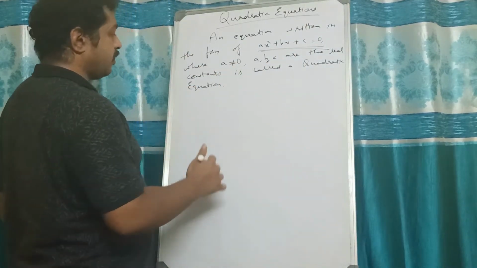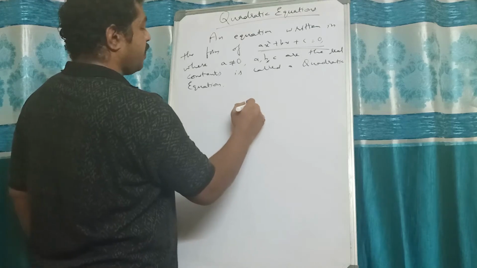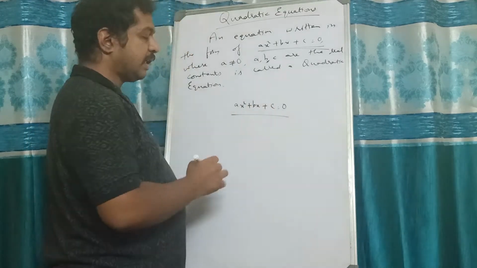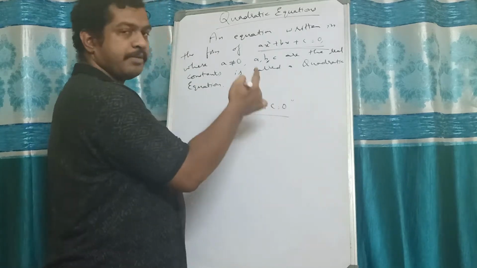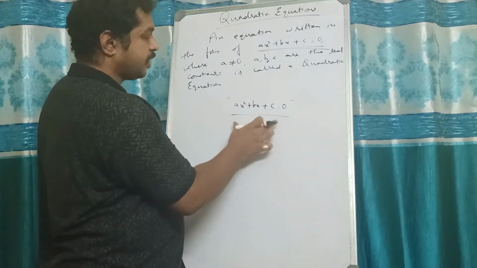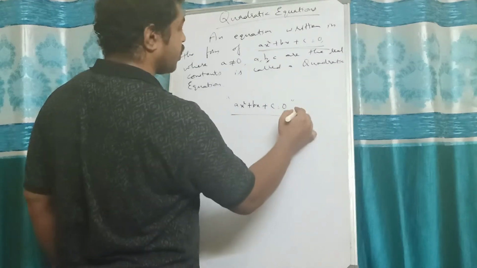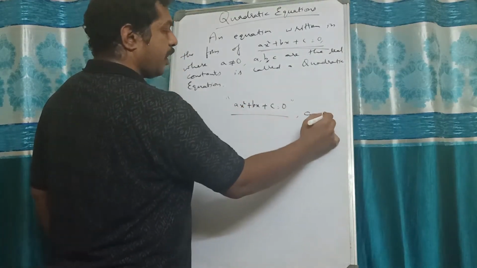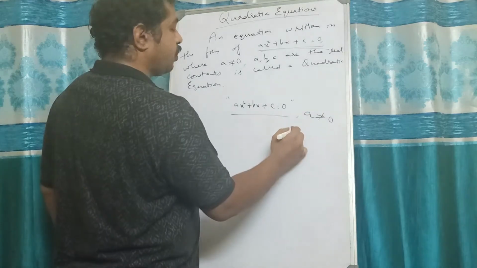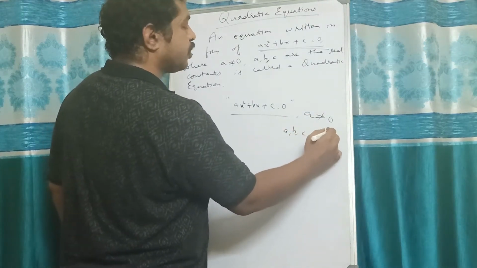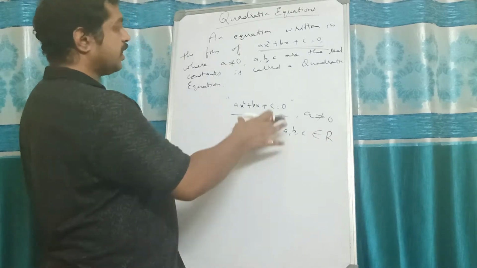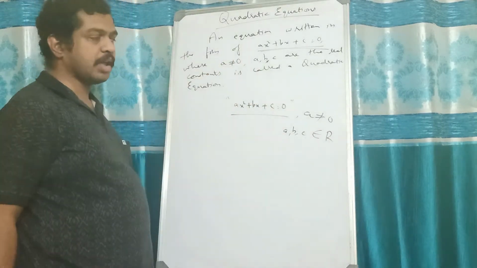This is also called the standard form of a quadratic equation, where the coefficient of x squared, that is a, should be a non-zero number, and a, b, c belong to R. R means the real numbers. So this is what the definition of a quadratic equation says.